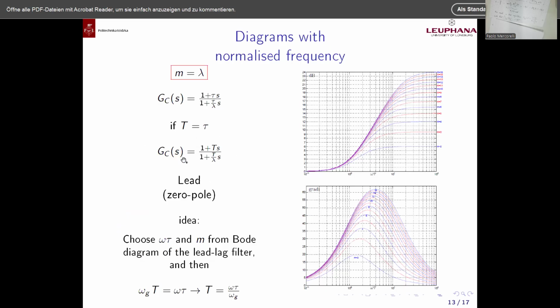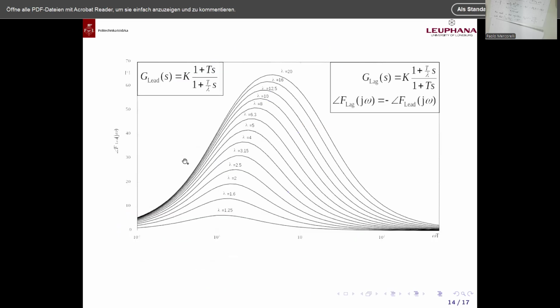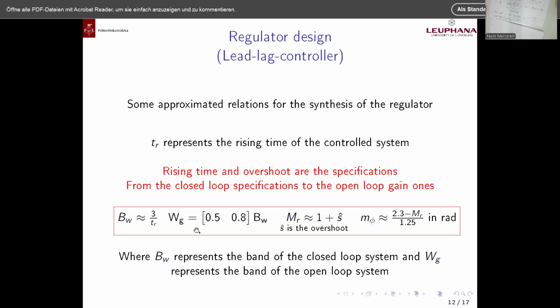of course, we have another controller called lag, which can be used to correct or manage the rising time. But about this first part, I didn't have time to tell you.